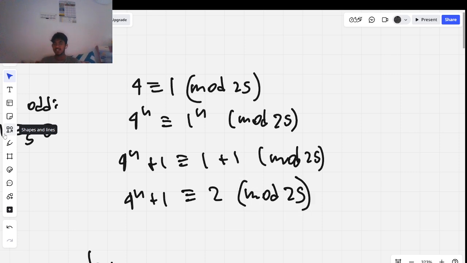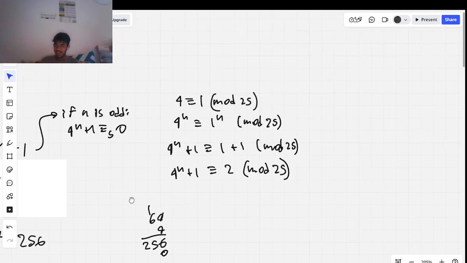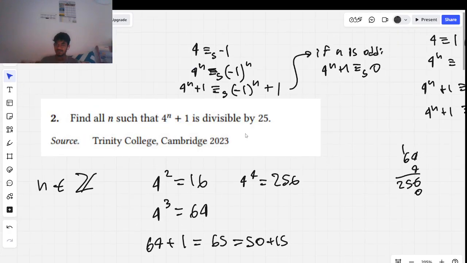So what this seems to insinuate is that there is no such n such that 4 to the n plus 1 is divisible by 25. And I might be missing something very important. Or my assumption that n must be an integer is clearly going to have to be true.